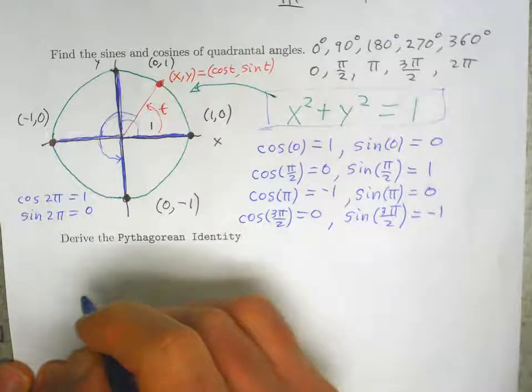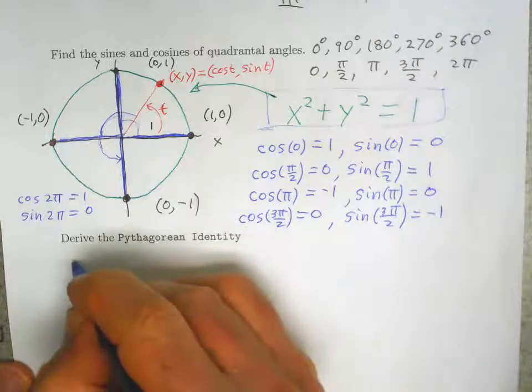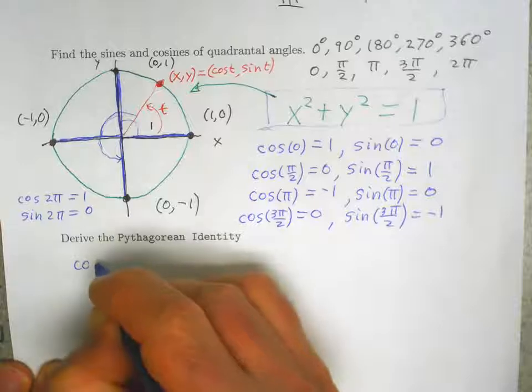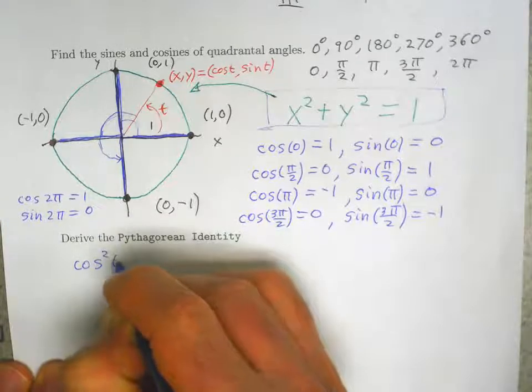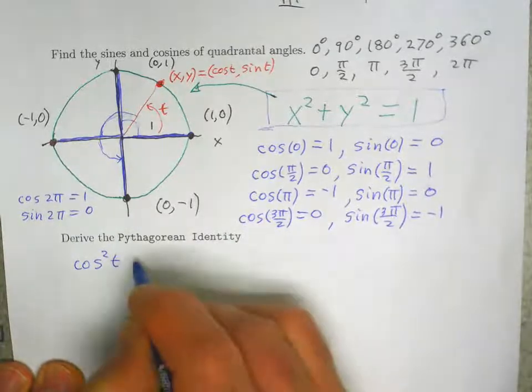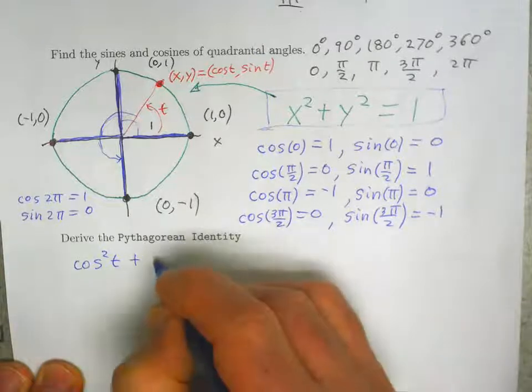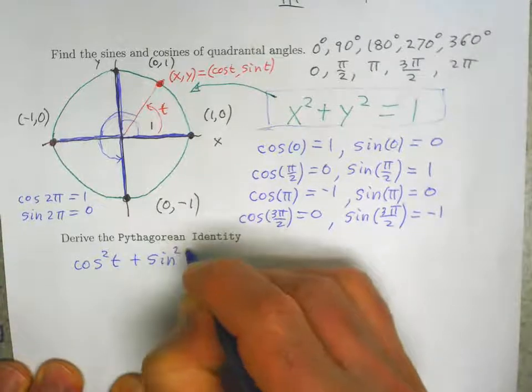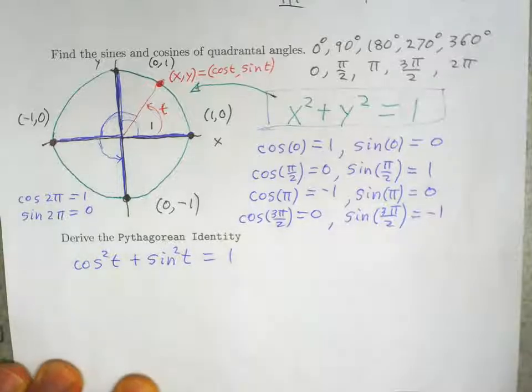So x squared is cosine of t squared, written this way, plus sine of t squared equals 1.